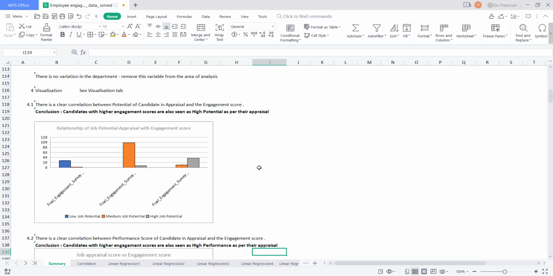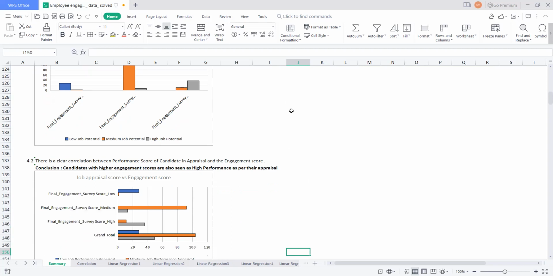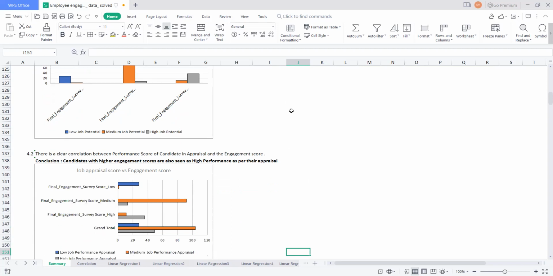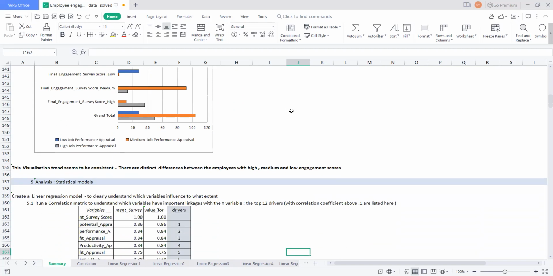And we find that the employees with higher engagement scores also seem to be the ones whom their bosses have considered as high potential as per the appraisal. There's also some distinct information which says that candidates with higher engagement scores are also seen as higher performing individuals as per appraisal. And there is a distinct difference between an employee with high, medium, and low engagement scores when we compare their appraisal scores.